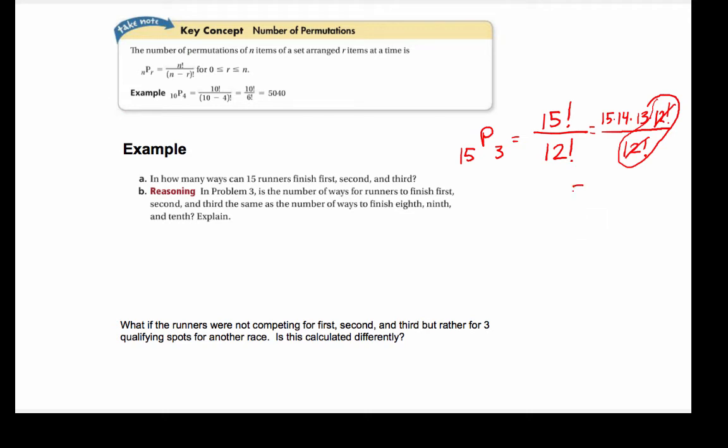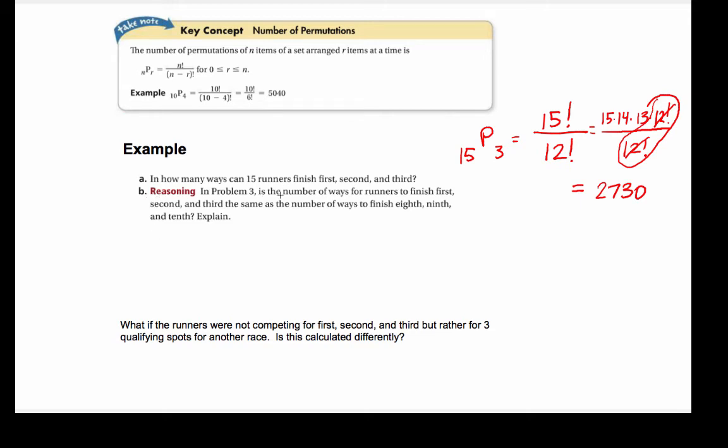So those two essentially cancel each other out. What that leaves is 15 times 14 times 13, and we can do that by hand. When I multiply that, that gives me 2,730. So the answer for part A, how many different ways can 15 runners finish first, second, or third? There are 2,730 ways.